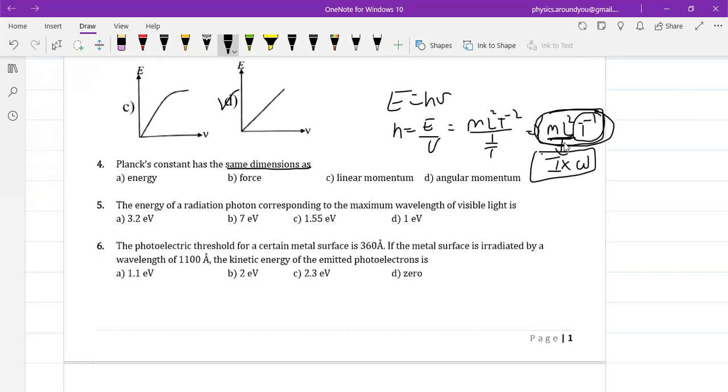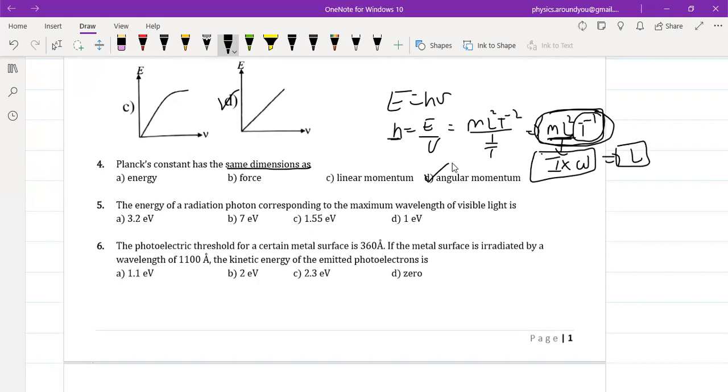So ML^2 is I, T^-1 is omega. So it has the same dimensions as I omega. Which physical quantity has a dimension of I omega? First, a pre-cap or a recap of 11th portions. I omega is nothing but angular momentum L. So it is angular momentum. Planck's constant has the same dimension as angular momentum.